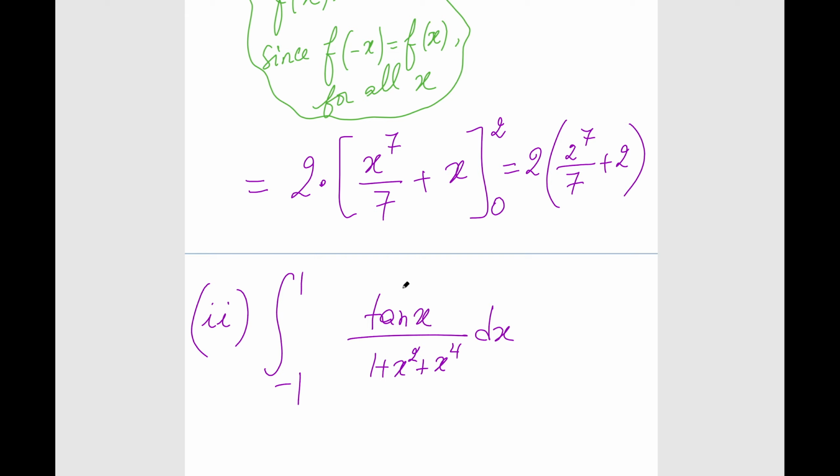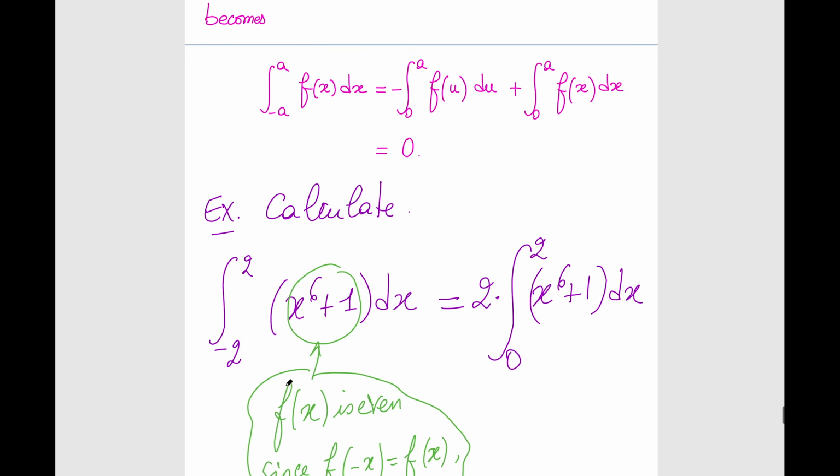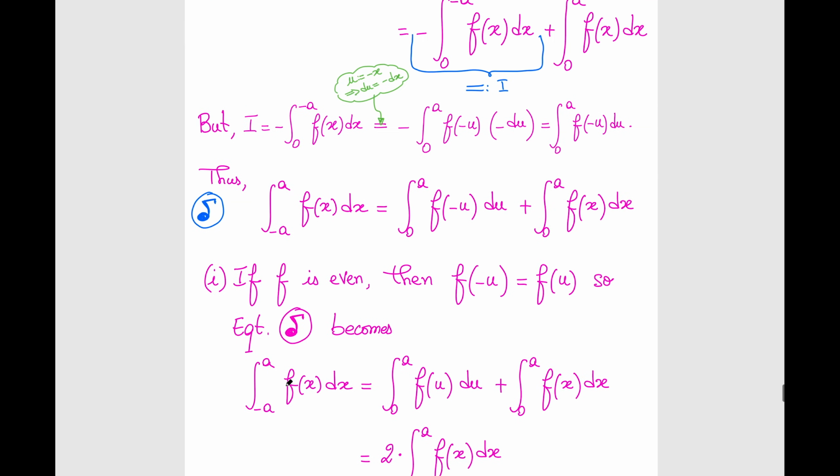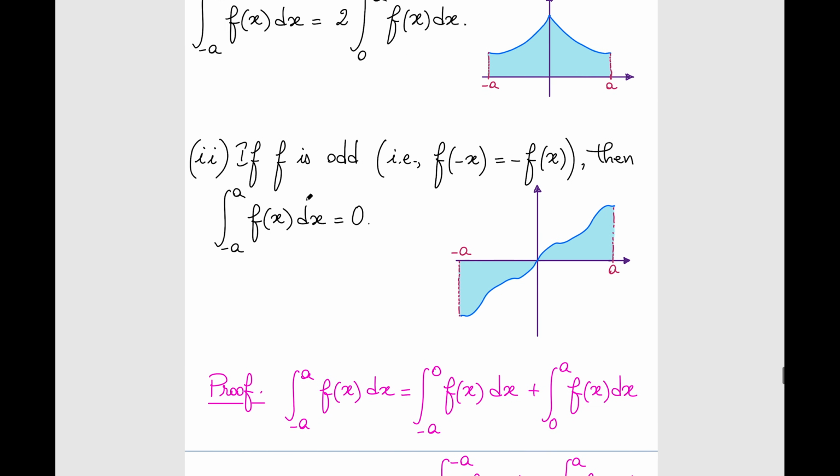So if I'm lucky, I get a function that's odd, so I don't have to integrate this whole thing. I don't even know how to integrate this. So my hope is that this is an odd function, and if it is an odd function, based on the discussion we just had here, then that's going to turn out to be 0. Correct?